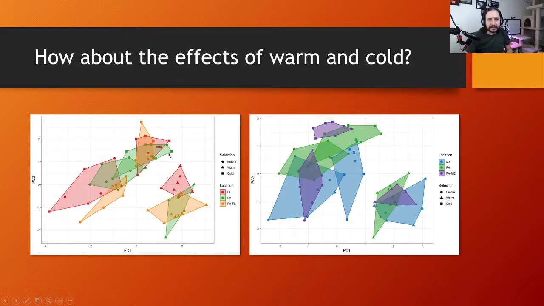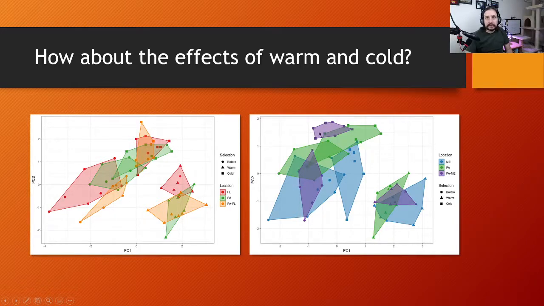But what we see here is after cold selection, PA Florida and Florida kind of end up in the same phenotypic space, but they slightly diverge in the warm selection.